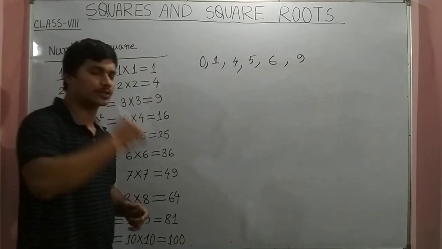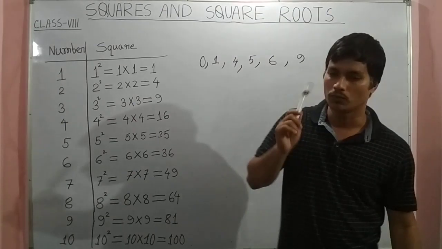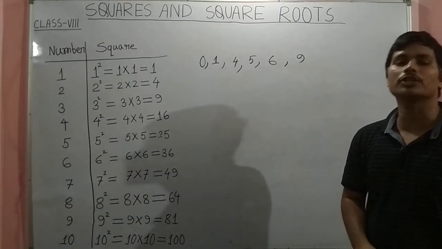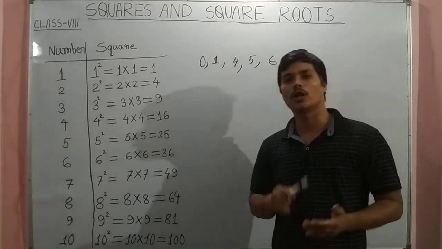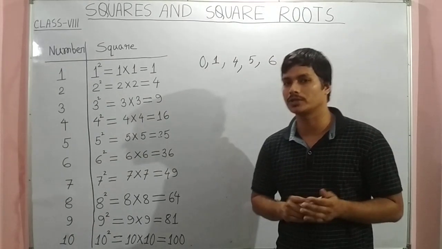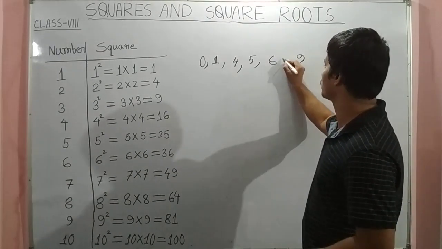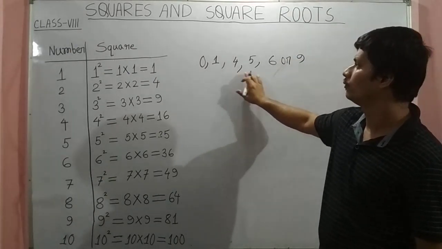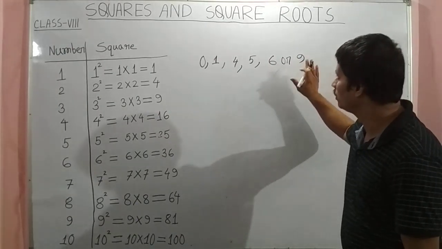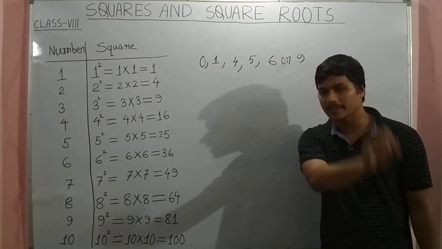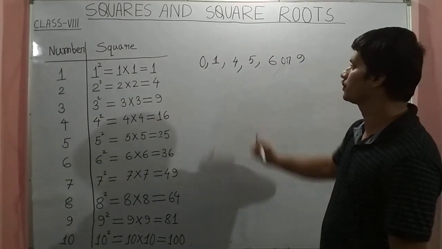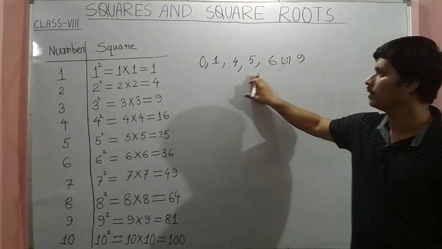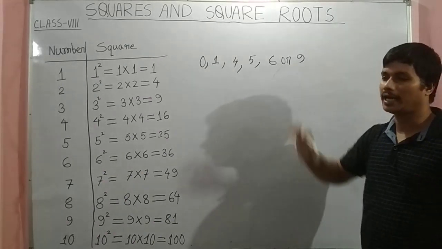Yes, that means, students, this is most important: a perfect square always ends with 0, 1, 4, 5, 6 or 9. A perfect square always ends with 0, 1, 4, 5, 6 or 9.